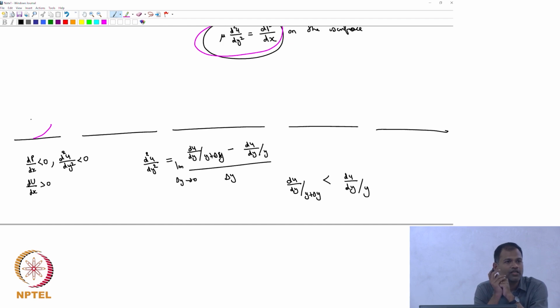So this is what the boundary velocity profile should be if I say dp by dx is less than 0. Okay, so what should happen is that the profile would, and that's what we have drawn, and that's what we had analyzed also. So it's essentially going to be something of that sort.